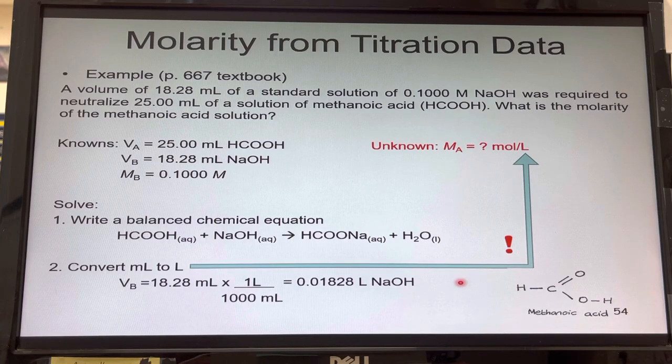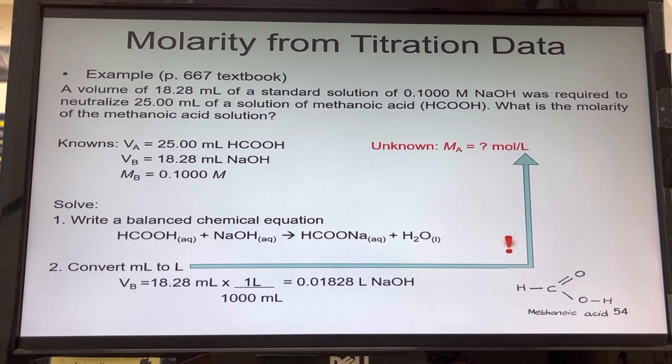Then you convert, because they give you milliliters in the problem. But this formula, molarity, is given in moles per liter. Exclamation, okay? This could totally throw people off when they're trying to solve problems.